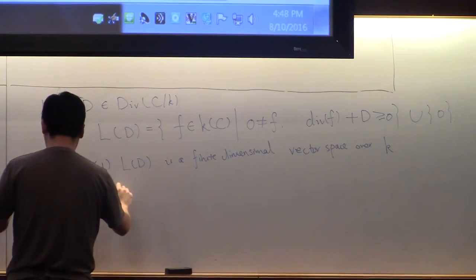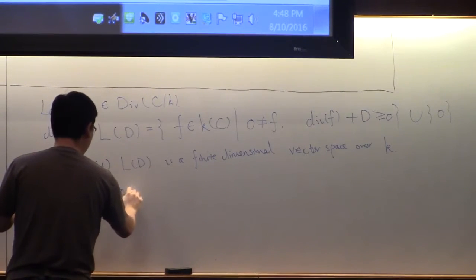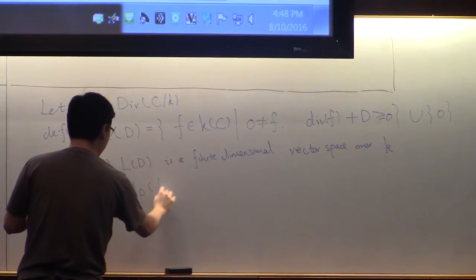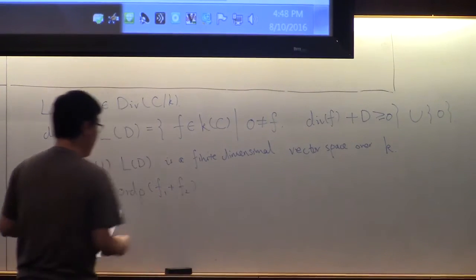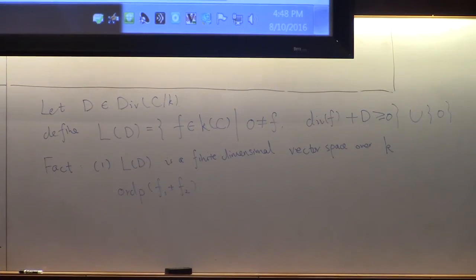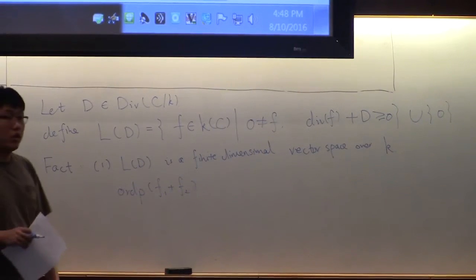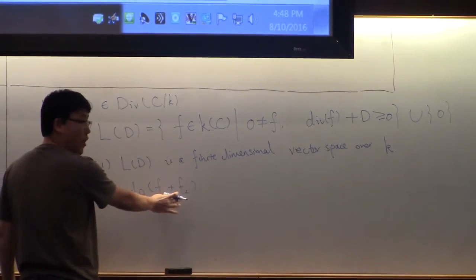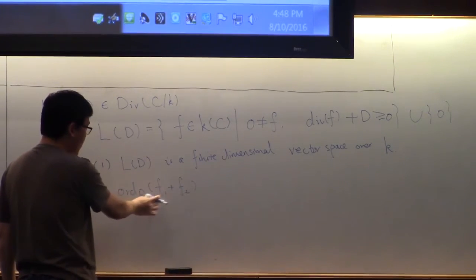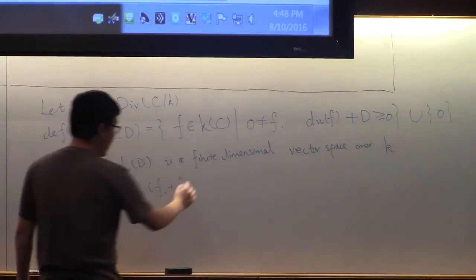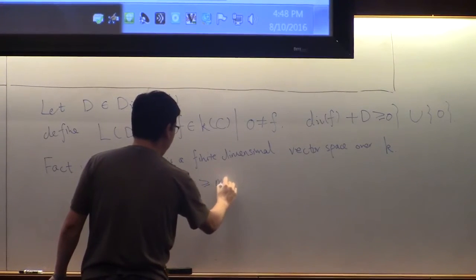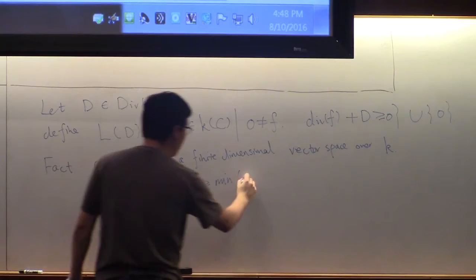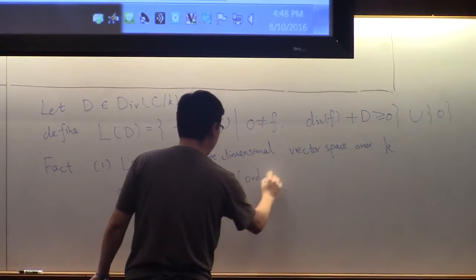So here you should use the fact that for any point P, which is a k-bar rational point of the smooth projective curve, we consider the order of the sum of these two rational functions at the given point P. It should be bigger or equal to the minimum of the orders of these two functions.